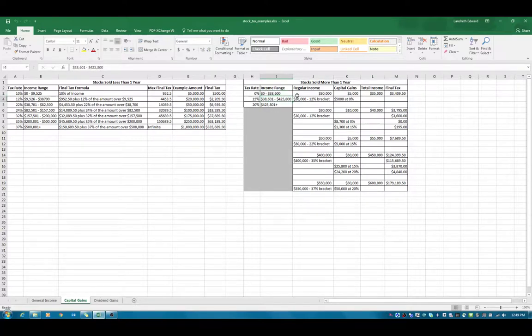But then the next two are kind of a jump up. This is the most common bracket, by the way, so you're most likely in this one if you held a stock for more than a year. It's 15%, because that applies if your total salary between your normal income and your stock sales is between $38,601 and $425,800, then your long-term stock sale will be taxed at a rate of 15%.